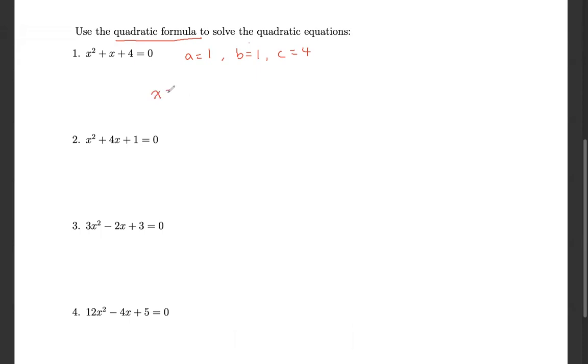Then x equals -b, -1, plus or minus the square root of b squared, which is 1 squared, 1, minus 4 times a, which is 1, times c, which is 4, divided by 2 times a, which is 2 times 1. So doing the calculation, we have -1 plus or minus the square root of 1 minus 16, that's -15, divided by 2.